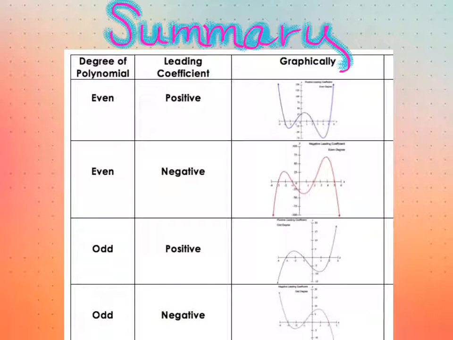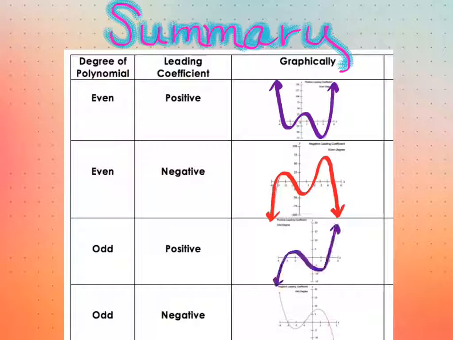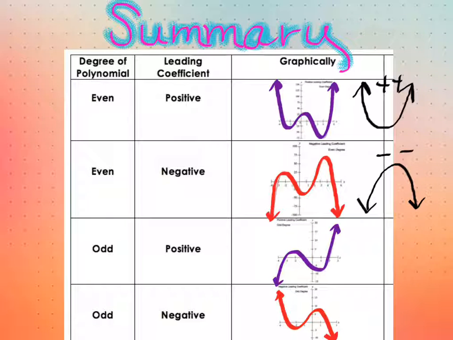Okay, so the summary of this, as you can see from the summary, we have just several examples of the same thing, and there you go. That kind of looks like a smiley face. That one's leading coefficient is negative, it goes down.